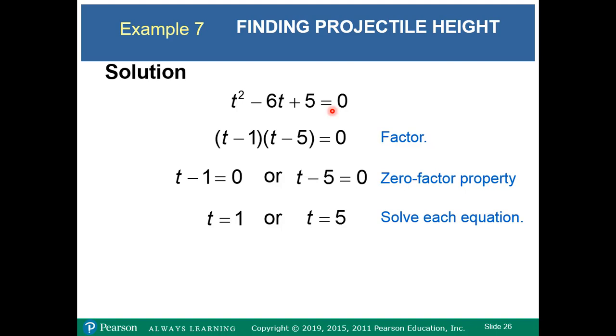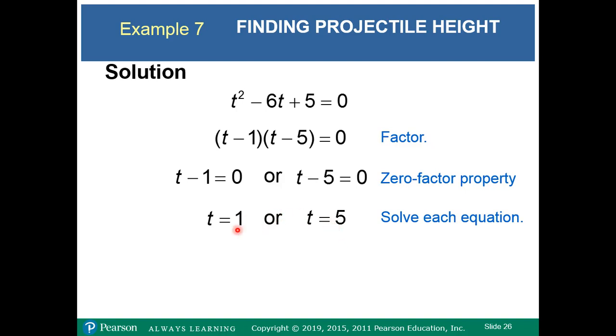But we want to answer greater than. Right now I could tell you that if it was equal to 80 here and equal to 80 here, and you're shooting it upward, then it was above 80 feet between 1 and 5 seconds.